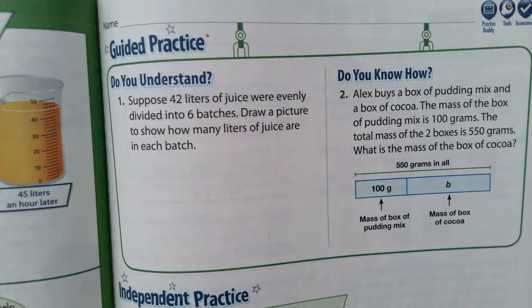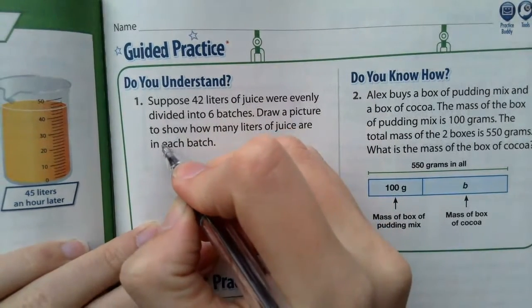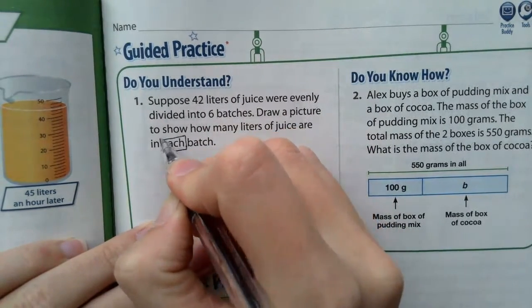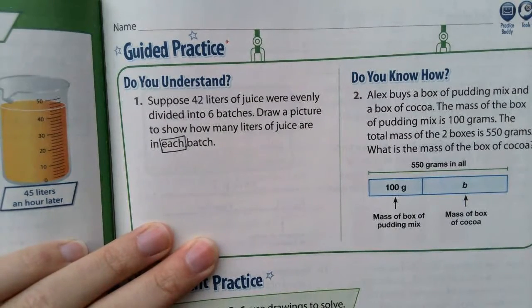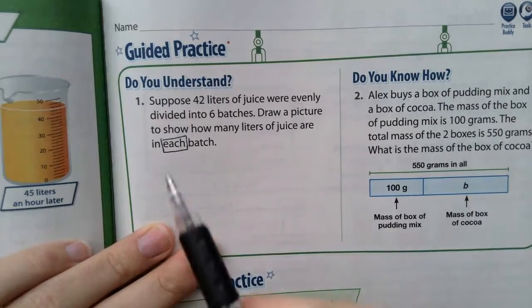Do you understand? Suppose 42 liters of juice were evenly divided into 6 batches. Draw a picture to show how many liters of juice are in each batch. Oop, I see a keyword. I'm going to apply CUBES to this question because when I am answering a problem, I can circle, underline, box, and evaluate to help me understand.